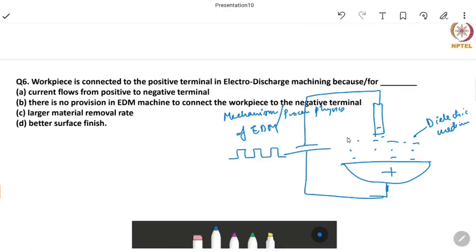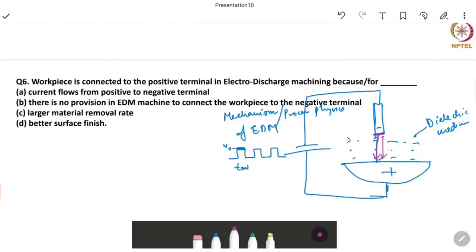What happens in this particular t on time, when there's a flow of current? Flow of current means that the potential here is maximum. That is, say this is V naught between these two electrodes. The electrons are slowly flowing from this surface to this surface in this direction.